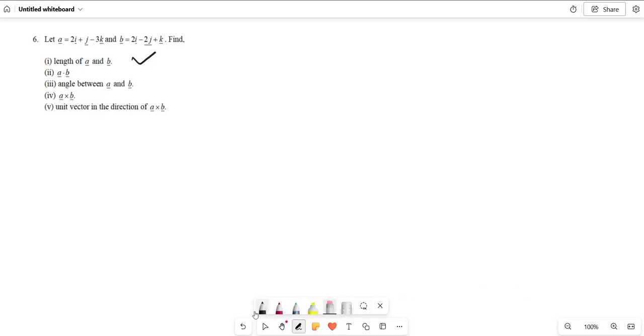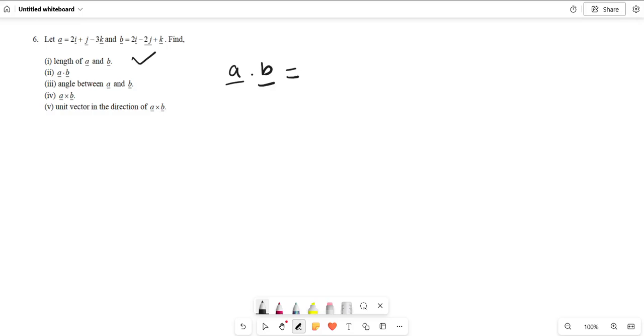Right. In the second part of the question, we are asked to get A dot B. That means it is the dot product. Guys, this means it is the dot product. Okay, dot product means what you want to do. You want to just multiply the corresponding elements and add them.